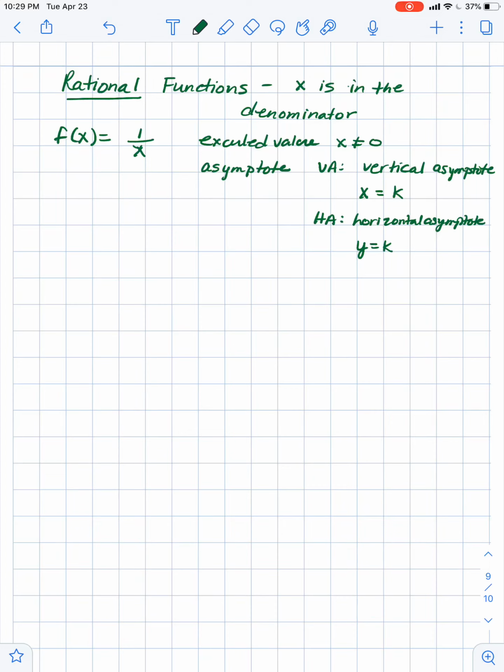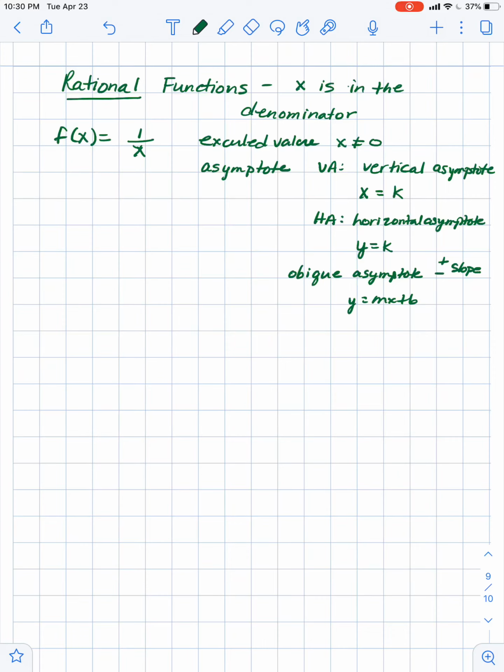And then we have one that we don't see as often, the oblique asymptote. In other words, we could have one with a positive or a negative slope to it, and that one is going to be y equals mx plus b.